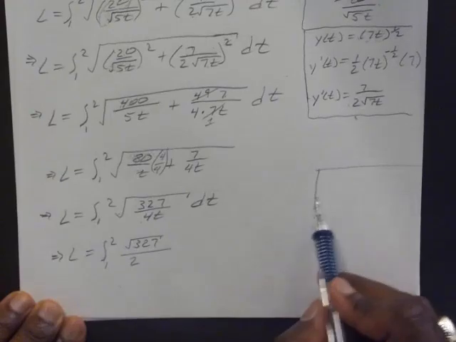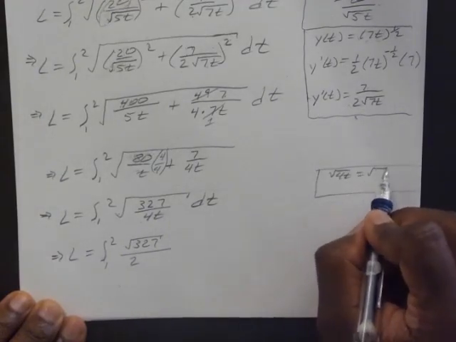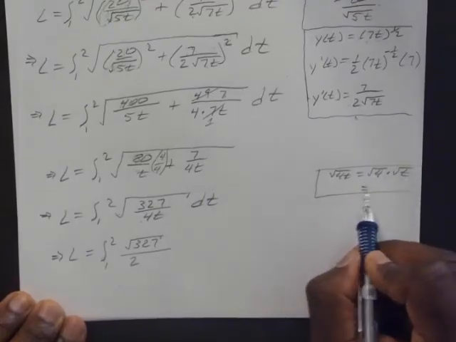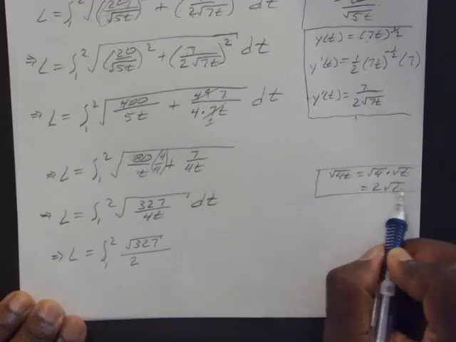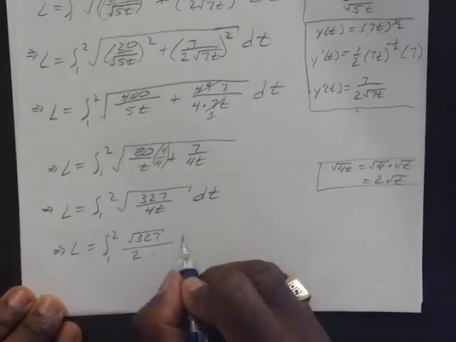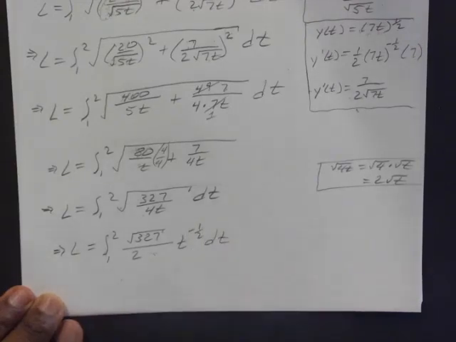Now that square root of 4t, we could easily make that square root of 4 times square root of t, which is just 2 times the square root of t. But with our square root of t in the denominator, we can just rewrite that as t to the negative 1/2 power with respect to t.